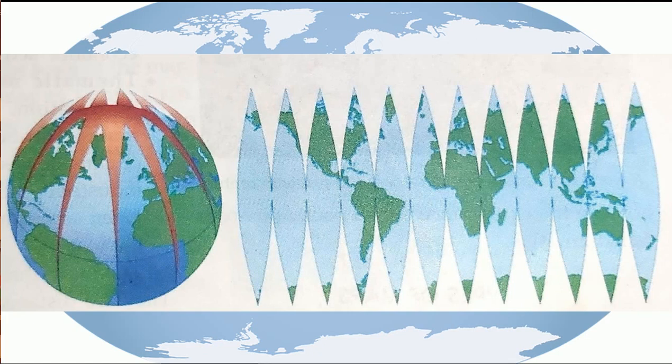Is it a continuous map? Is it giving you a complete picture of the continents and of the oceans? No, isn't it? It is not a continuous map and gives a distorted, broken picture. It is not possible to make a correct map from a curved surface like this. And thus we have developed some methods for drawing maps on flat surfaces.